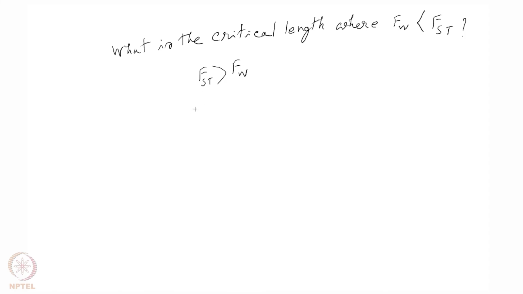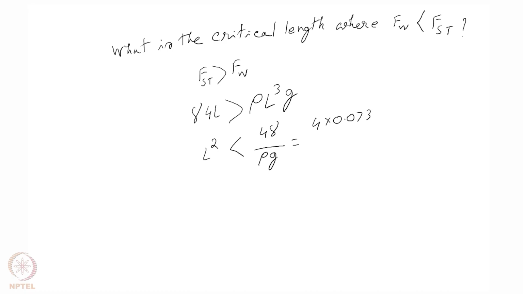It is gamma into S. That means gamma into 4L will be greater than rho L cubed g, and then we get L squared less than 4 gamma by rho g.